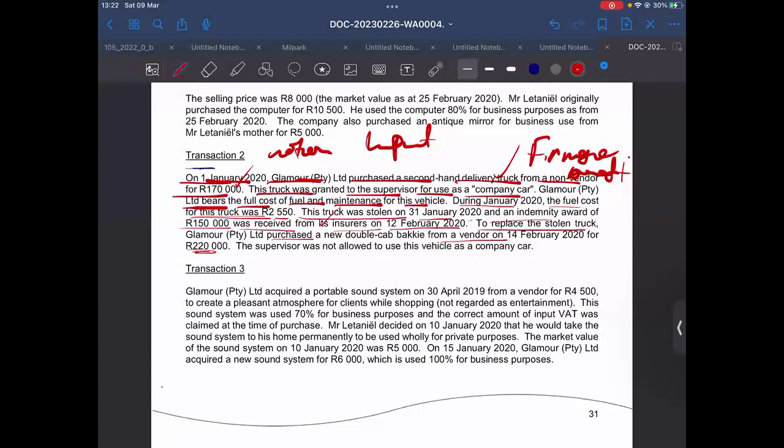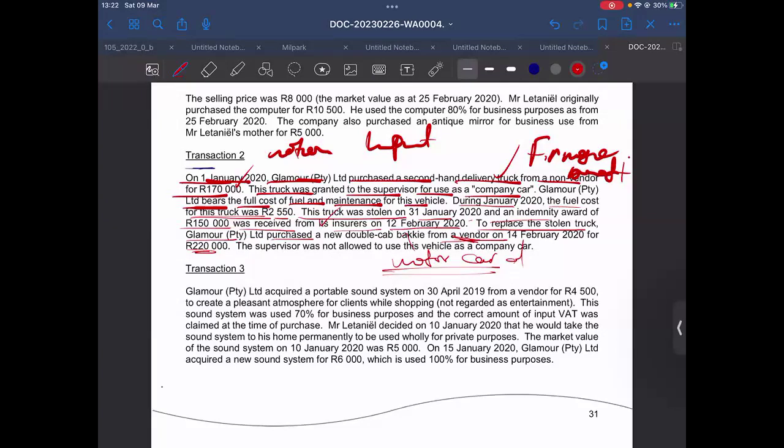Right, let's take a pause on this one. They replaced a delivery vehicle with a double cab. A double cab is a motor car as defined. So therefore, input VAT is denied on the purchase of a double cab.